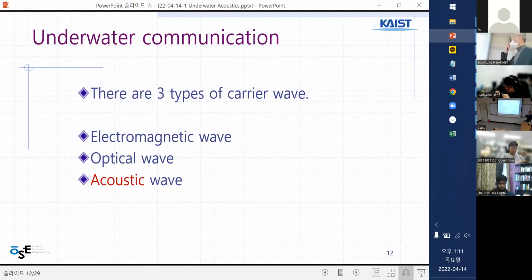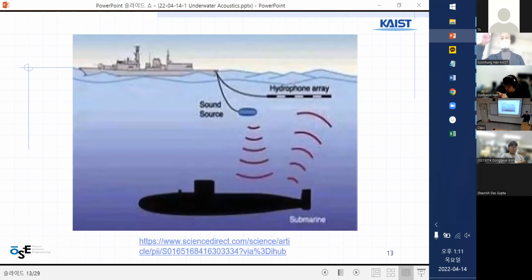Communication. So still, we can use 3 types, electromagnetic or optical, but the best one is acoustics because of the previous reason. So this is a submarine, and this probably can be the enemy or can be our navy.